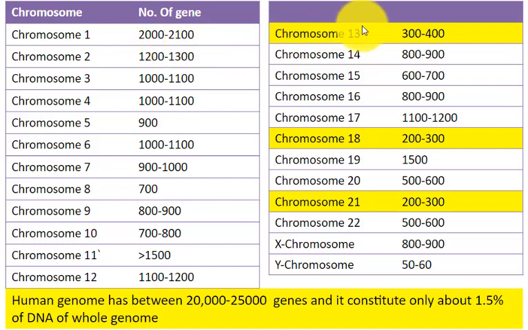But when it happens with chromosome 13, 18 or 21, there is an imbalance, but it is not as high as the imbalance that happens when other chromosome numbers increase or decrease. That is why you won't see live birth of trisomy 1.